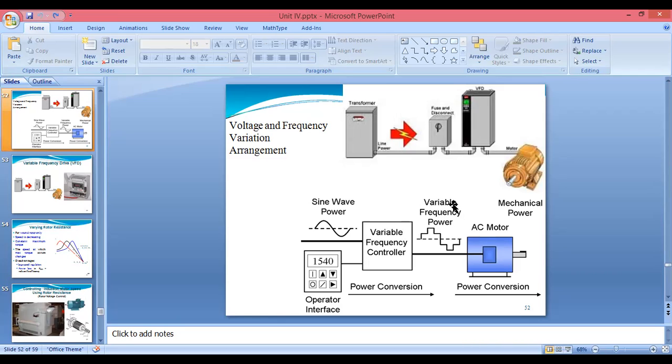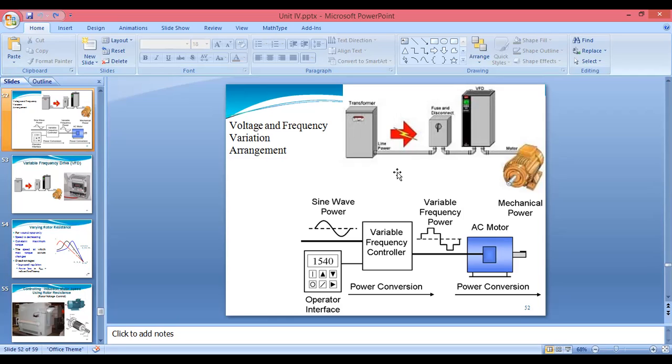But it has some disadvantages: a large change in voltage is required for a relatively small change in speed. And if we make a very large change in voltage, it may disturb the magnetic conditions of the three-phase induction motor, and as the magnetic conditions change, the flux density changes.